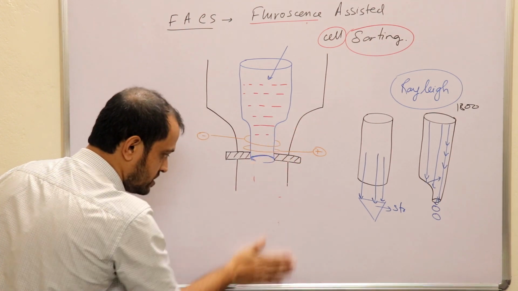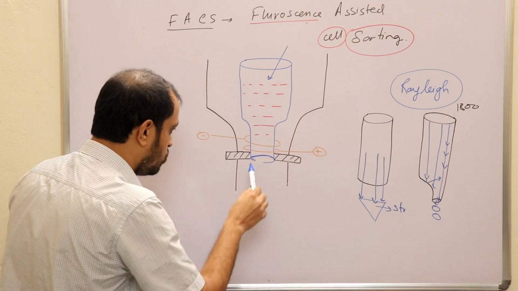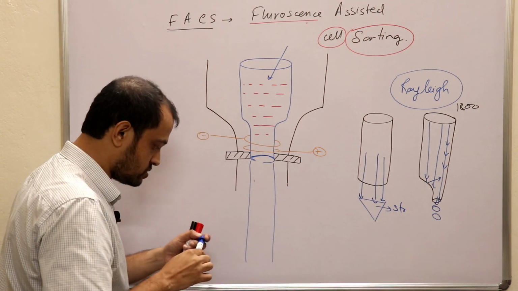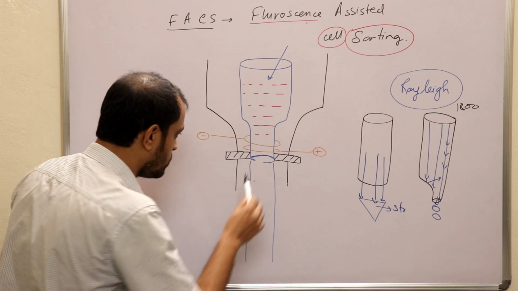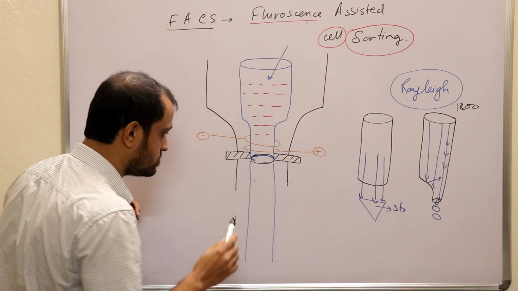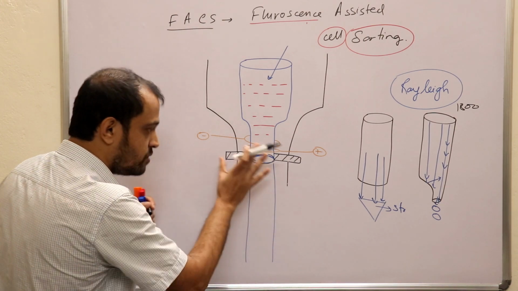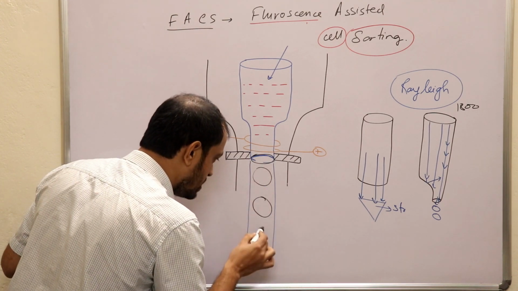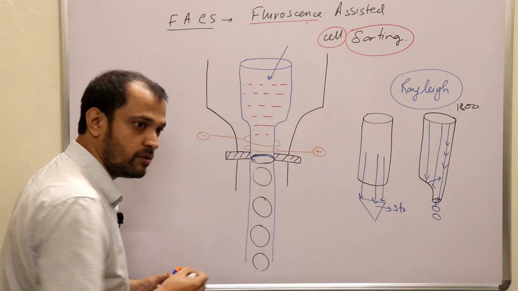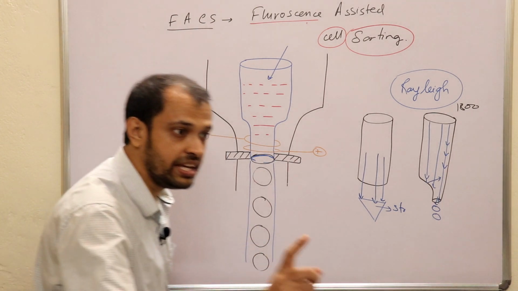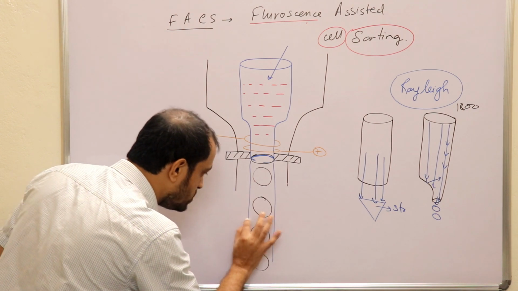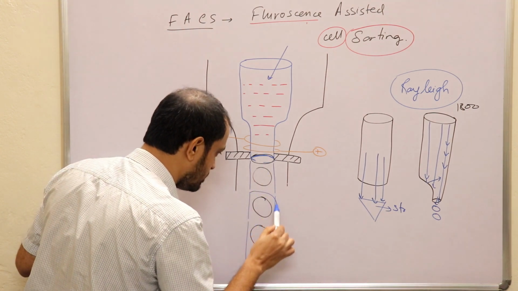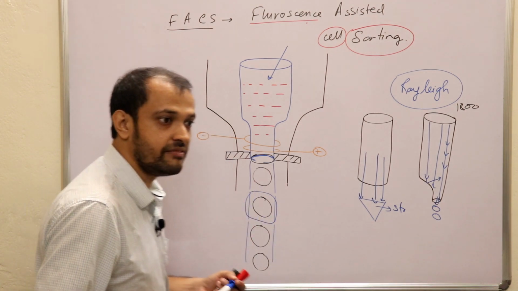When you studied flow cytometry, you understood that the fluidic system creates a streamline flow where cells come at a regular interval, right? But here we will tear these things and make a droplet out of them. That's the very basic difference.